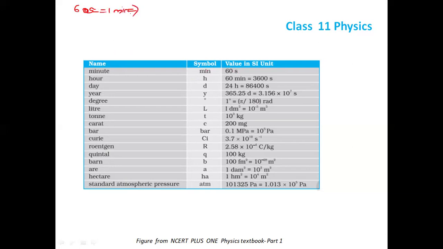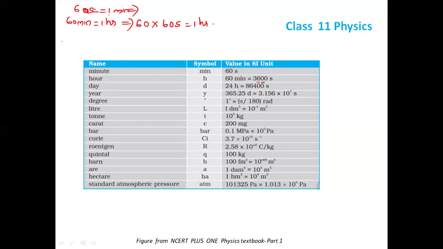For hour, you can use the symbol h. In SI unit, 1 hour consists of 60 minutes, and 1 minute has 60 seconds. So 60 into 60 seconds is 1 hour, which is 3600 seconds.